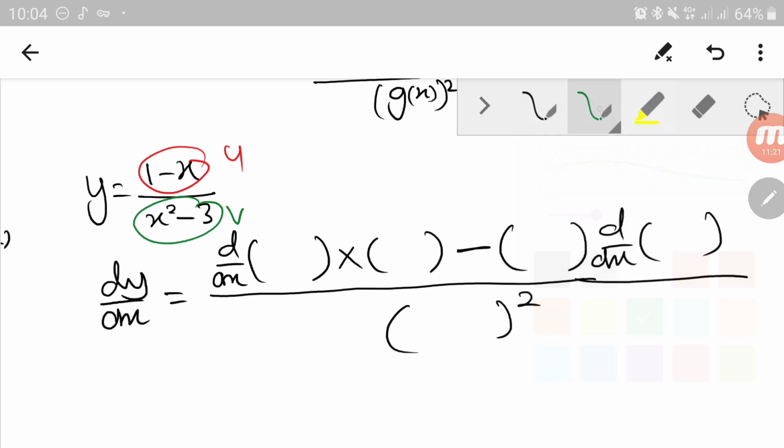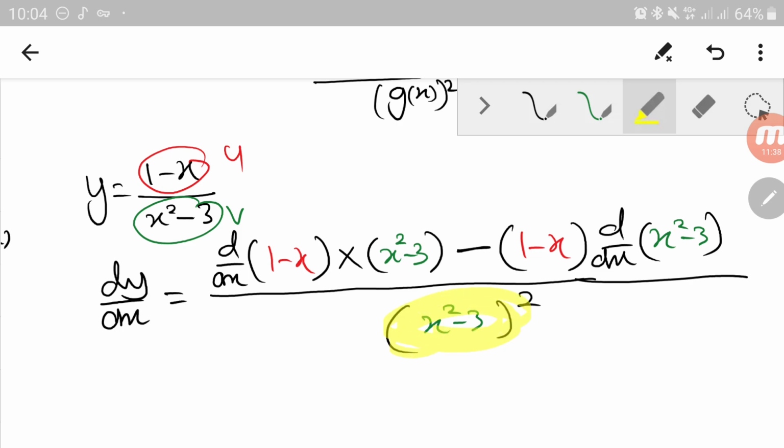So what is the numerator? The numerator is 1 minus x. The denominator is x squared minus 3. Okay, a quick tip: don't bother to expand this one, you will end up wasting your time.